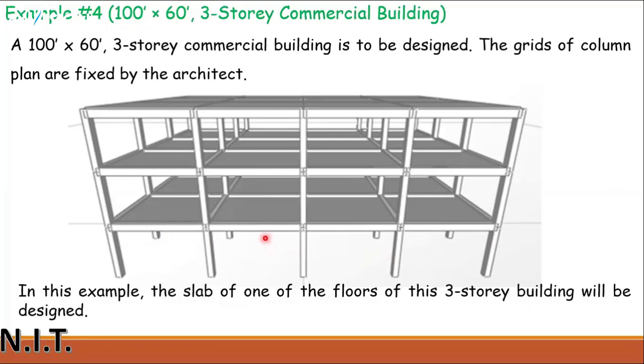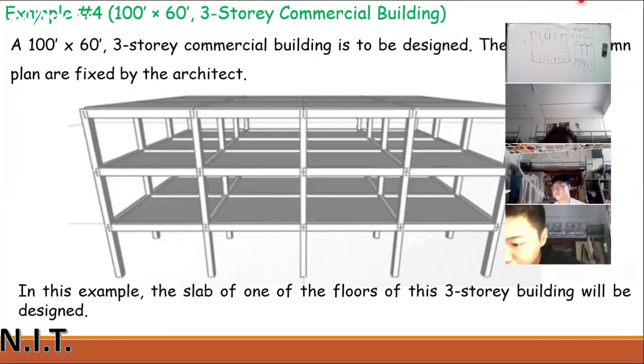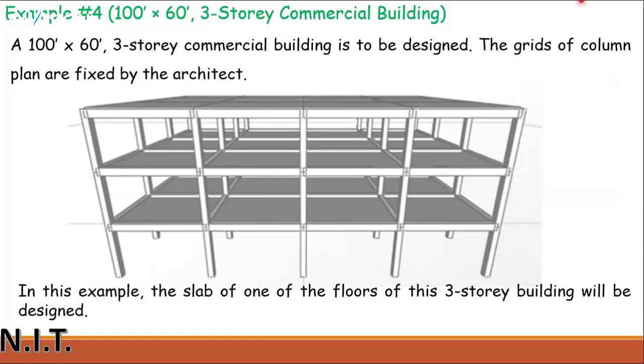We will design all those beams too. This example is completely related to your project. Please try to understand this numerical, which is very important from your project point of view. You have to submit your project at the end of this course in week number 13. So please try to understand. Let's continue this numerical.